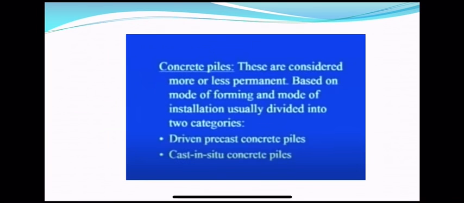They are more or less permanent in nature. In driven precast piles, the mode of installing the pile is by driving, however the mode of its forming or construction is precast, that is, it is cast at the workshop and transferred to the site. Then cast in situ piles are cast on the spot only.